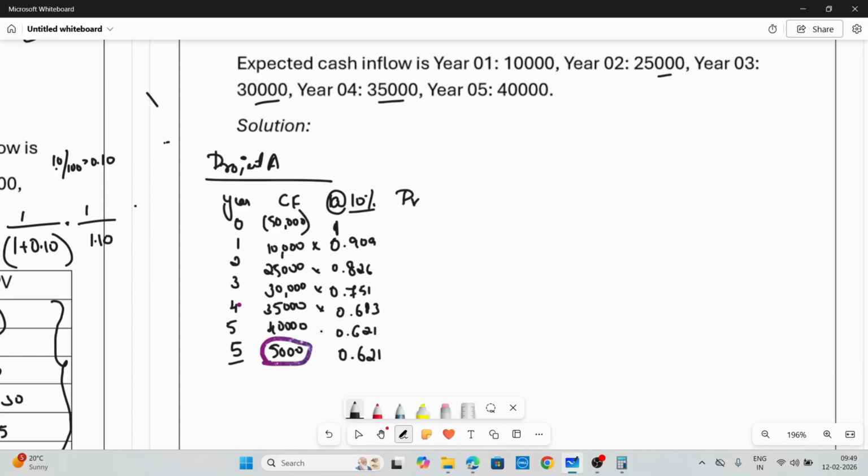So what do we get as answers? For the first year, it's minus 50,000 as usual. For the first year, it's 9,090. For the second year, it's 20,650. For the third year, it's 25,530.